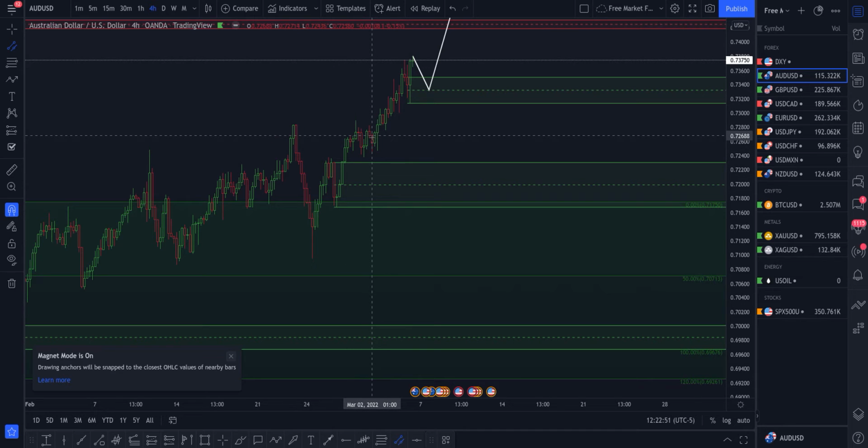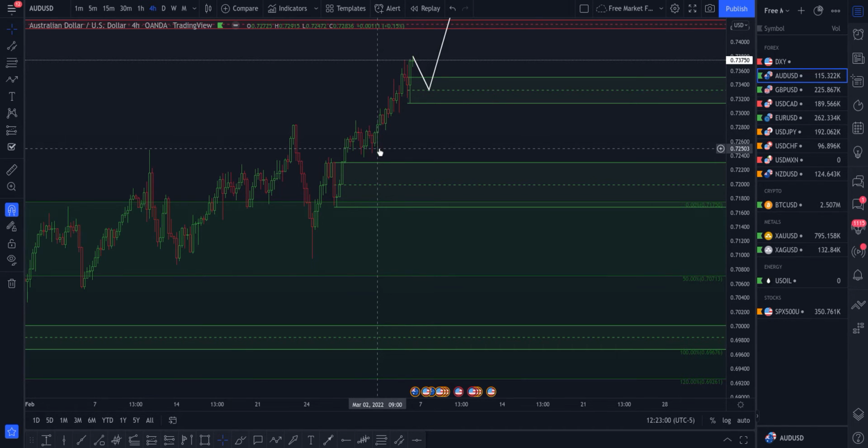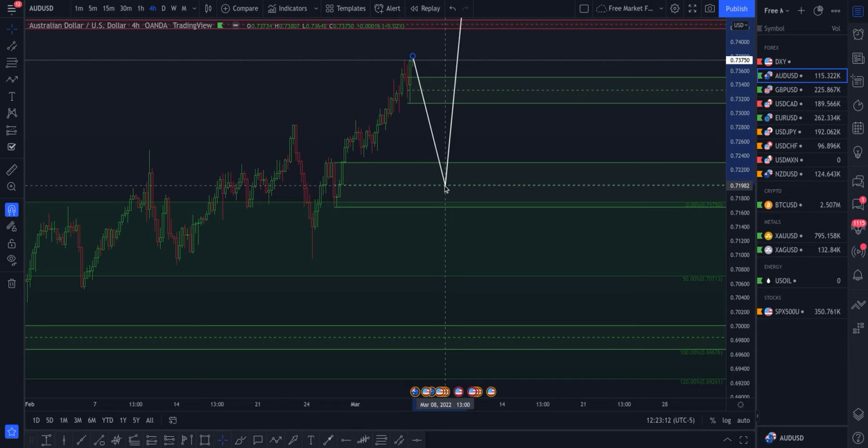No, I'm sorry, that's why I didn't mark that. That is not unmitigated. This candle opened here, pushed back into the zone, and kept going. So we do have unmitigated 4-hour here, unmitigated 4-hour here, that we could possibly look to take this pair long on.